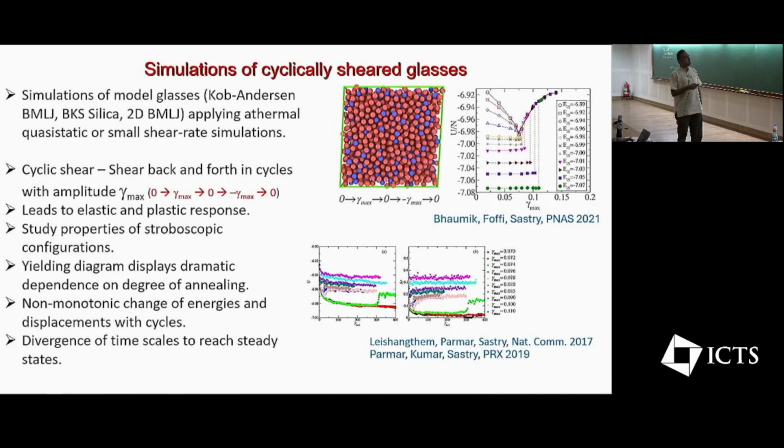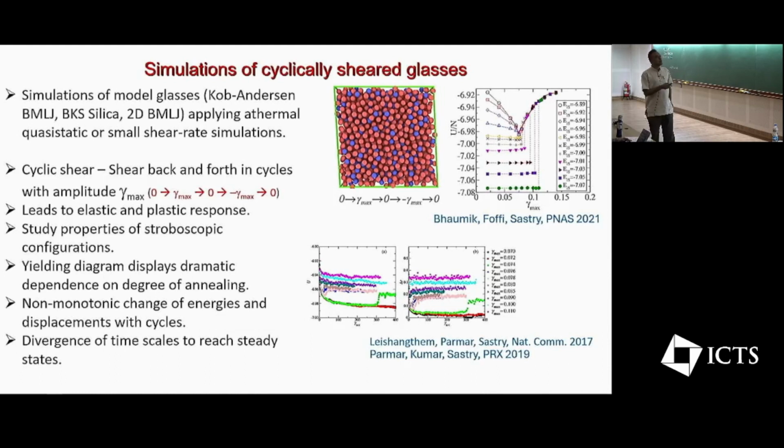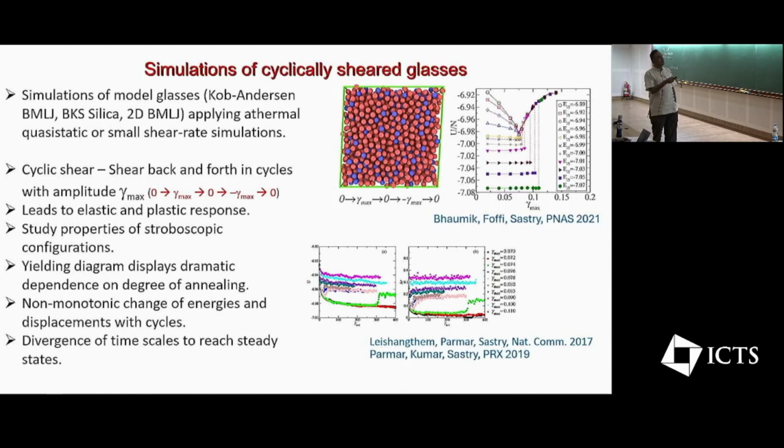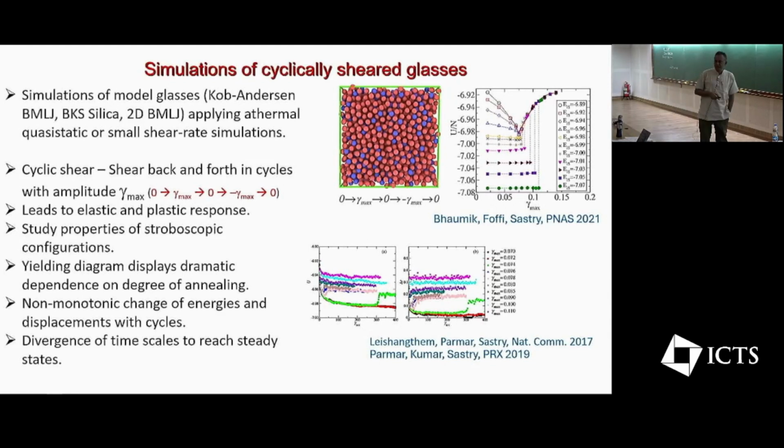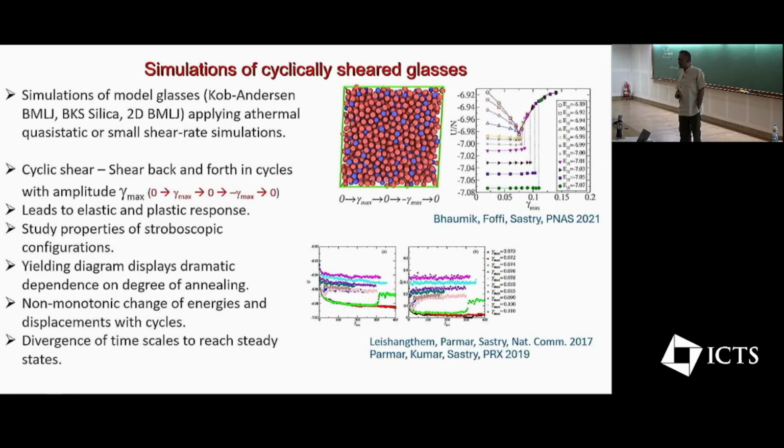One of which is, if one were to look at what eventual steady states the system reaches and characterize it, let's say, looking at the energy of the glasses per particle, one finds that as a function of the initial energy, which you should read off going to zero strain amplitude here, if you were to make a yielding diagram with energy on the y-axis and the strain amplitude, which is the only control parameter that we study, one finds that depending on the initial state of the glass, the yielding behavior is very dramatically different.